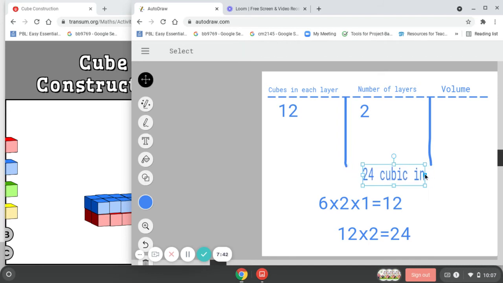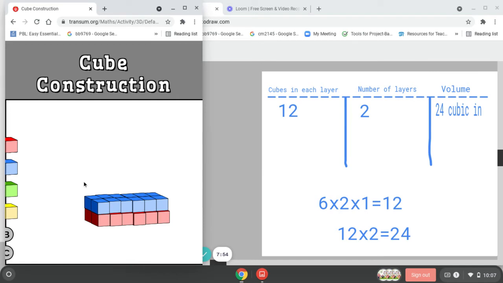Okay, so we took the 24 cubic inches that we used from the initial volume, and we created a new figure, a rectangular prism, a 3-dimensional figure that still gave us a cubic inch volume of 24.